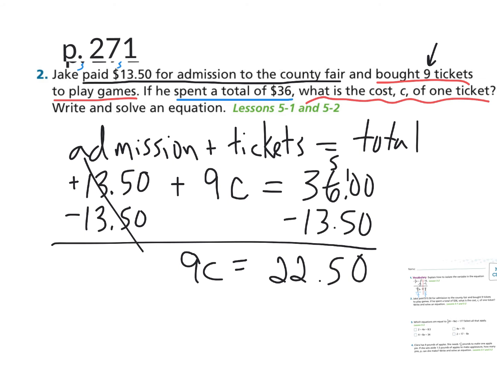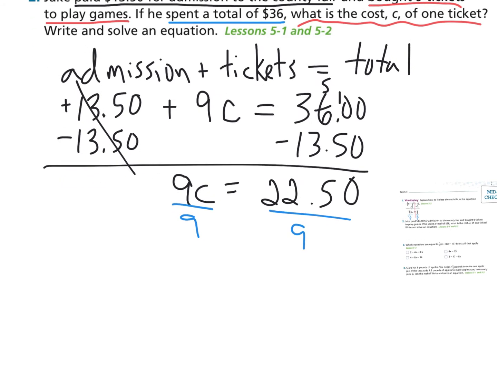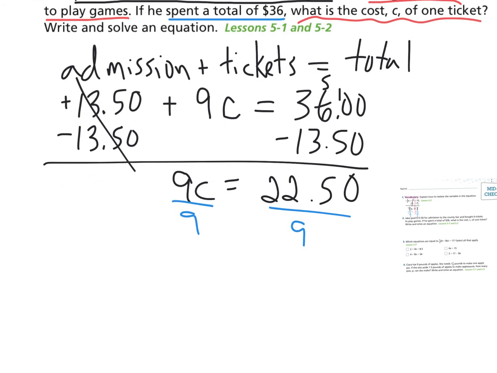That'd be 22.50, and then they're multiplying by 9, so you could divide by 9. And if you divide that out, you should get 2.5. This is the cost of something, so we'll go ahead and say that would be $2.50 for each ticket.